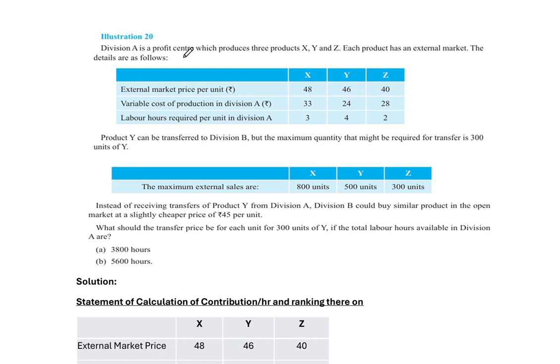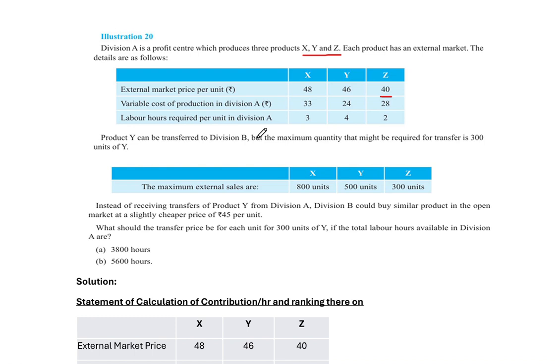Division A produces three products X, Y and Z. All three products have an external market as follows. We are given the external market price for unit X is 48, product Y is 46 and product Z is 40.